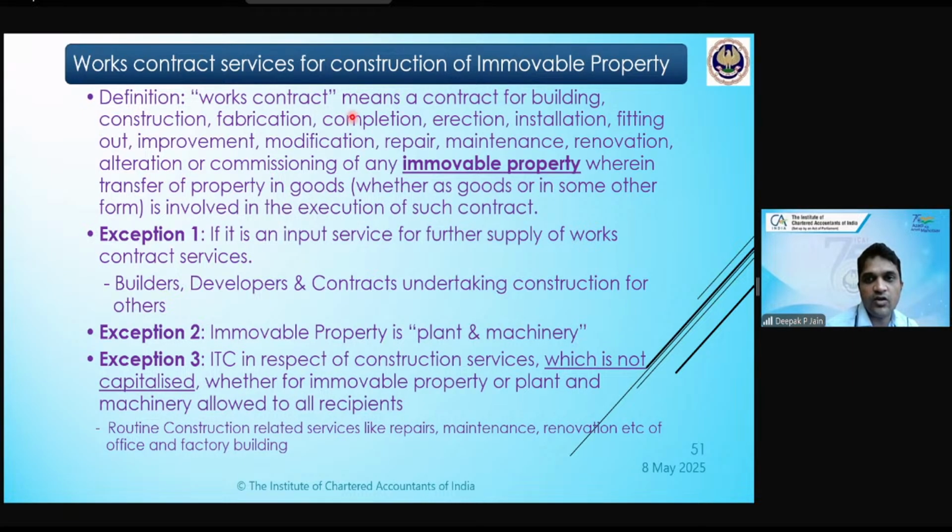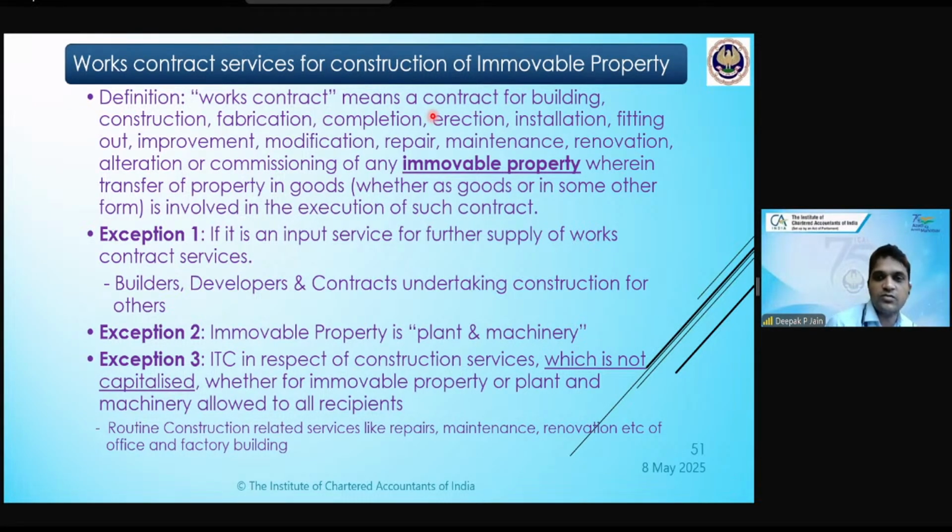Works contract means a contract for building, construction, fabrication, completion, erection, installation, fitting out, improvement, modification, repair, maintenance, renovation, alteration, or commissioning of any immovable property wherein transfer of property in goods is involved is a block credit. Okay. So all of this is a block credit. All works contract is a block credit.